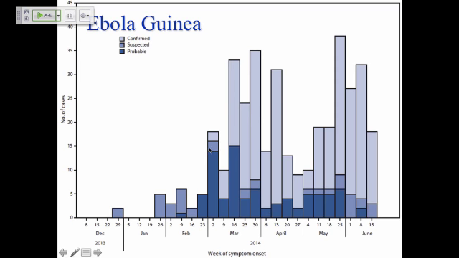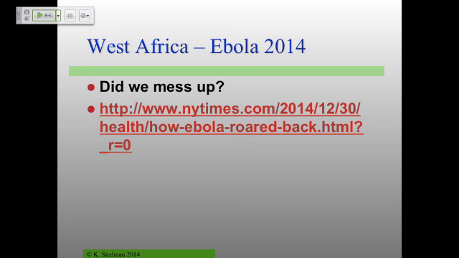It looked as if numbers were actually going down here. This is exactly what had happened in all of the other Ebola and Marburg outbreaks. Everyone thought, and even me, when I was giving my lecture then, this is probably it. It was probably over after a couple hundred cases. It wasn't likely to be continuing. So we clearly did mess up about this.